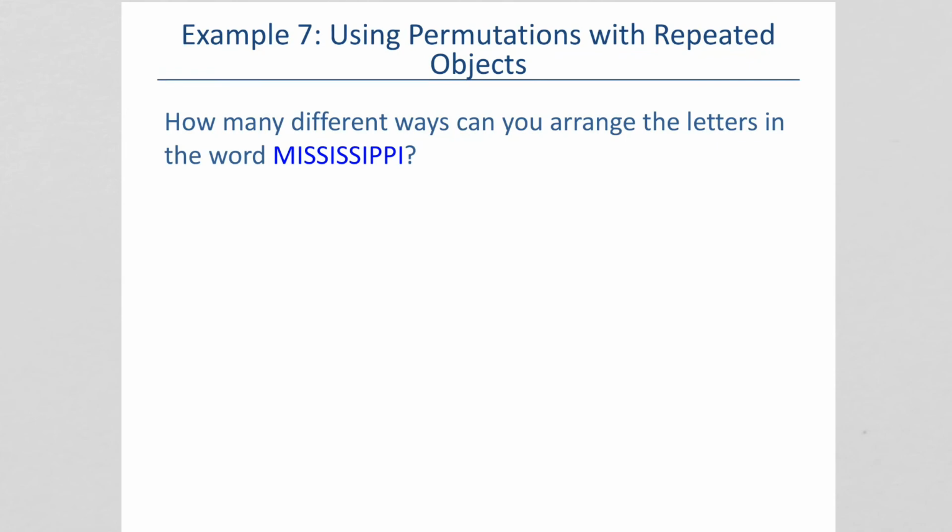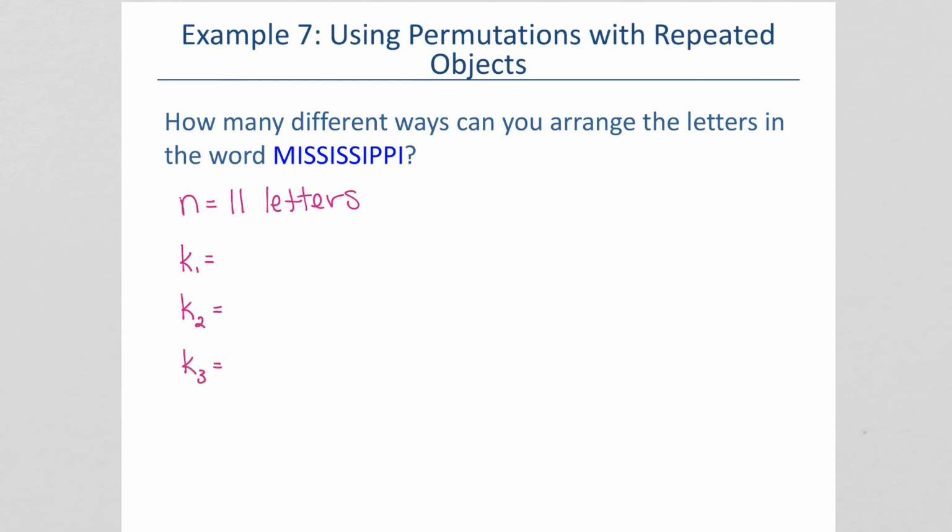How many different ways can you arrange the letters in the word Mississippi? So we first need to talk about the number of letters. N will be the number of letters. There's 11 of them. And then your k's would be how many of each type of letter there are.